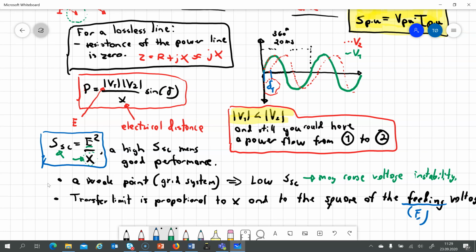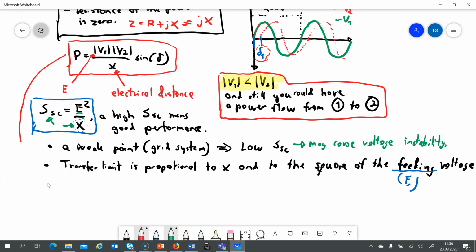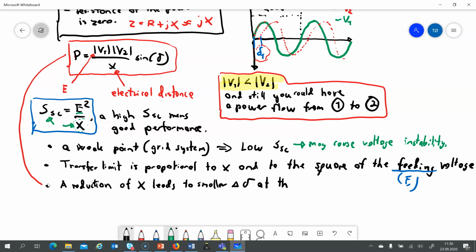A further thing we can look at, if you talk about this equation up here, we can say the following: a reduction of X reactance leads to a smaller angle difference at the same load flow from this equation here.